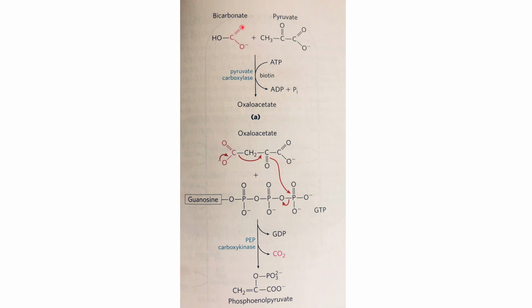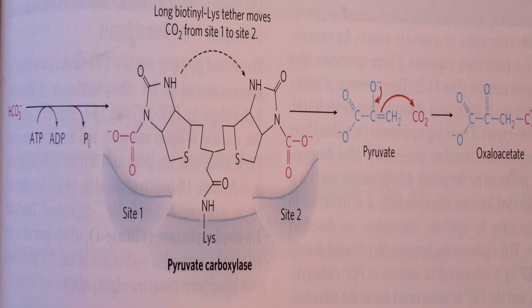So the carbon dioxide is produced in this reaction, and you get a GTP, which is cleaved off. GDP comes off of that. Carbon dioxide comes from that, and you get phosphoenolpyruvate present with this bond going here and picking up this phosphate here.